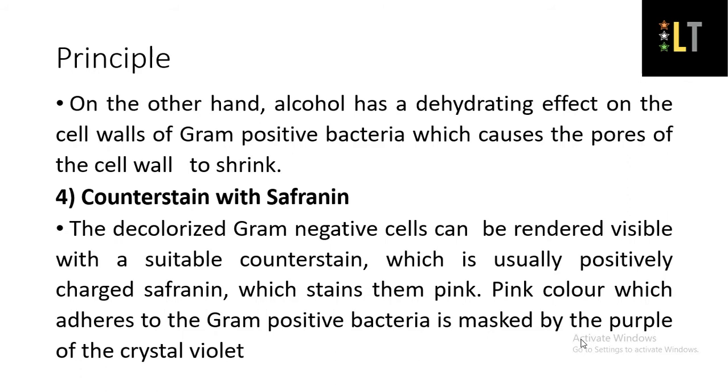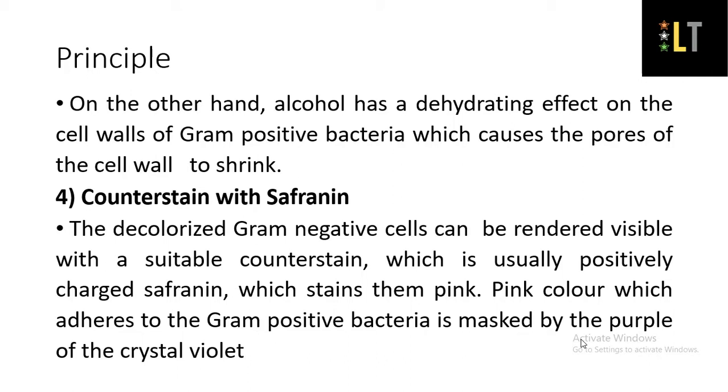On the other hand, alcohol as a dehydrating agent acts on the cell walls of gram-positive bacteria, which causes the pores of the cell wall to shrink. The CV-I complex gets tightly bound into the multi-layered, highly cross-linked gram-positive cell wall, thus staining the cells purple.